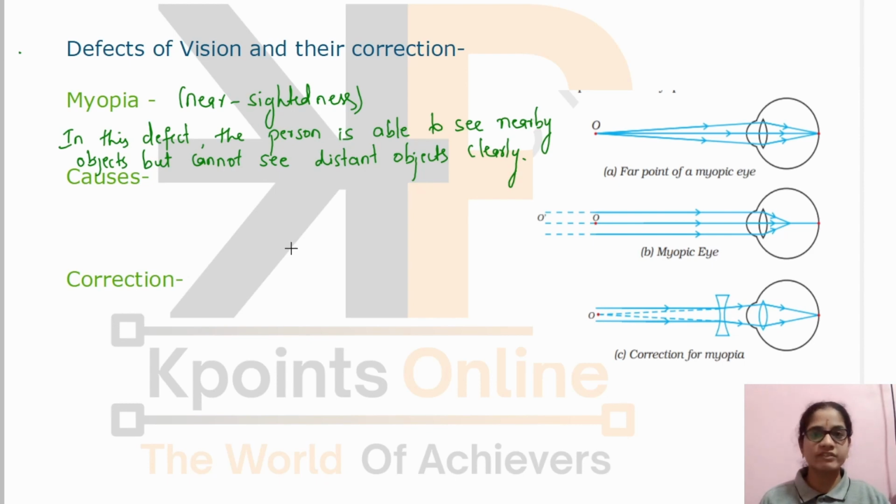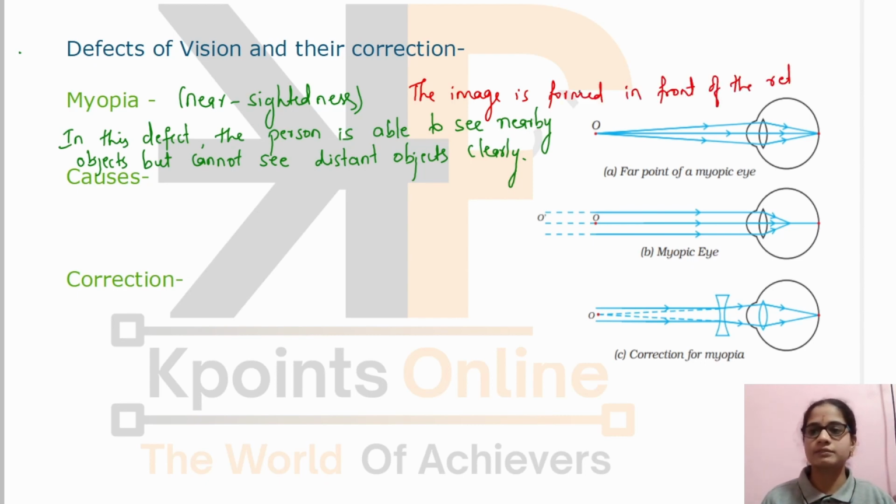So, for the person suffering from myopia, the farthest point is nearer than infinity because the image is formed in front of the retina. For a myopic person, the image is formed in front of the retina and the farthest point is nearer than infinity.